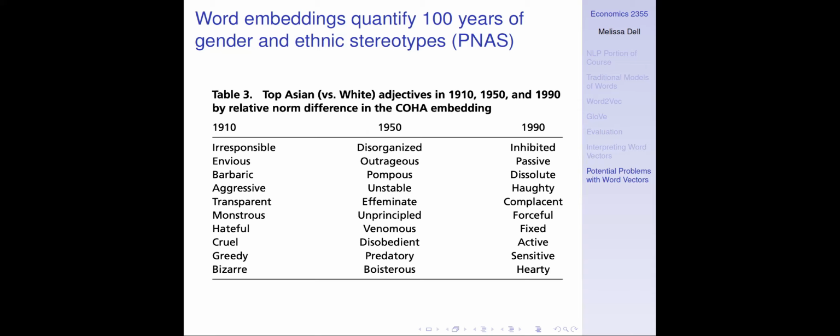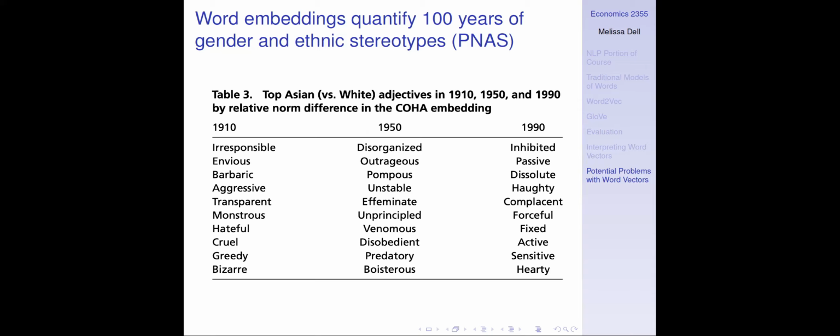irresponsible, barbaric, aggressive, monstrous, hateful, cruel, greedy, bizarre. Things don't really look that much better in 1950. Unprincipled, venomous, disobedient, predatory, boisterous, unstable, pompous, outrageous. It's all unquestionably really negative.